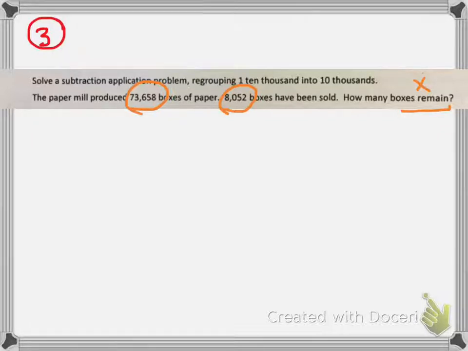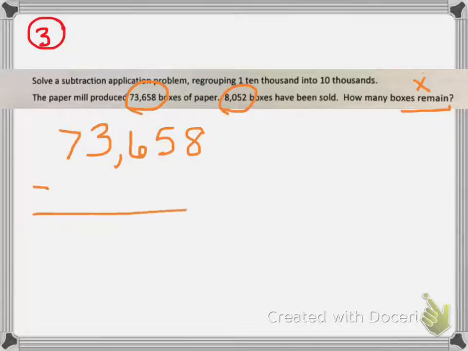All right, so the biggest number, that is our whole. That number is going to be on the top. 73,658 goes on the top. Take away, remember to line up our place value, 8,052. And I'm going to draw a tape diagram here.